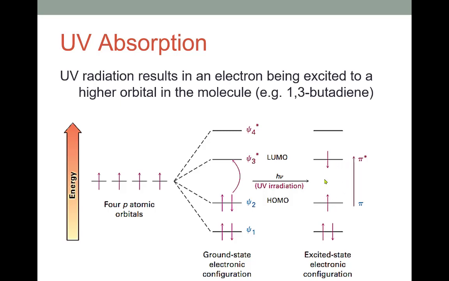Now, without getting too deep in the weeds here, the more conjugated the system is, of course, you'll have more atoms listed here on the left. You'll have more molecular orbitals stacked up here in our MO diagram, and the spacing between these two positions will differ depending on the molecule.